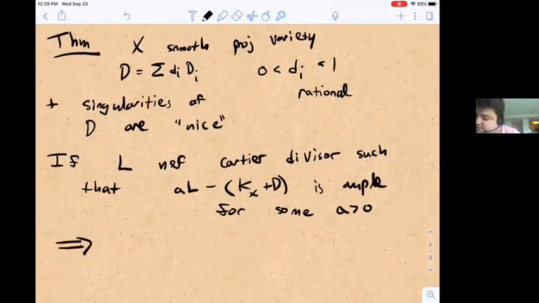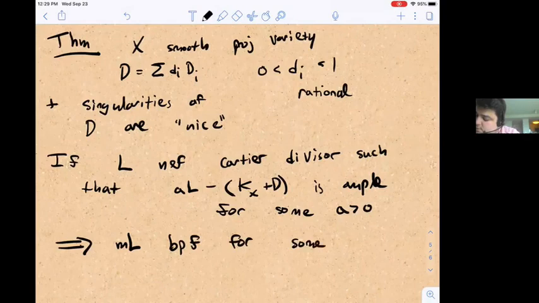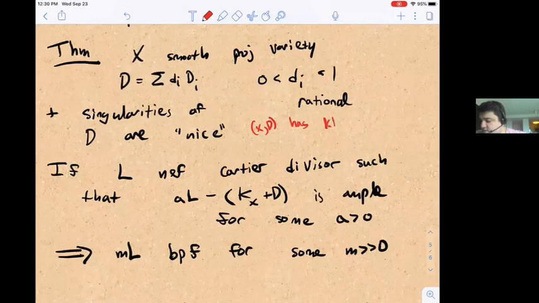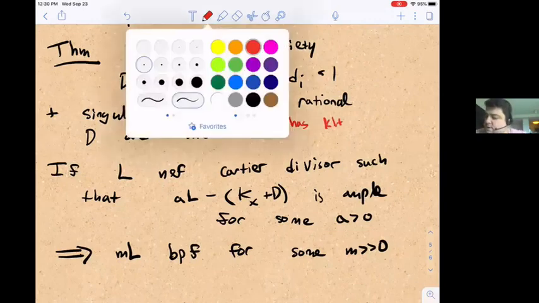Then some multiple of L is base-point free. Okay, so that's the one slight generalization of the base-point free theorem, not the most general version. This nice condition is that the pair has KLT singularities, which we'll define in a few weeks.